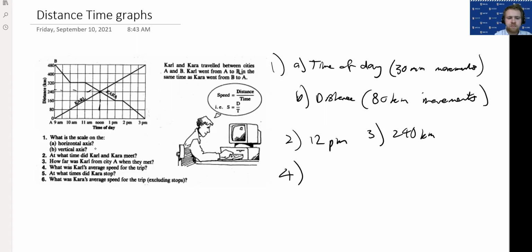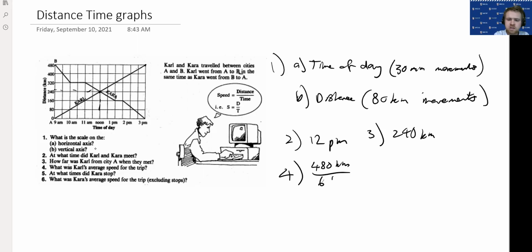Okay, what was the average speed for the trip? Here we have to use our rate calculation. Speed is distance divided by time. In this case, it's going to be kilometers per hour. So he got to 480 kilometers away from 9 a.m. to 3 p.m. We're just going to be careful here. 9 a.m. to 12 is 3 hours, and then 12 to 3 is another 3 hours.